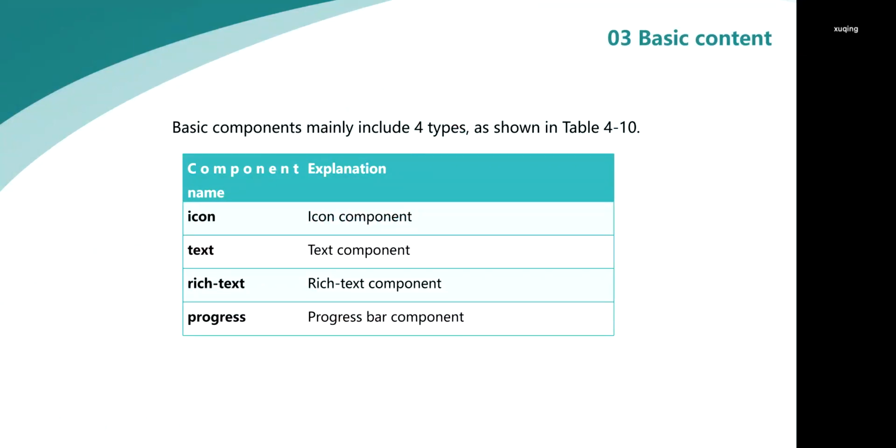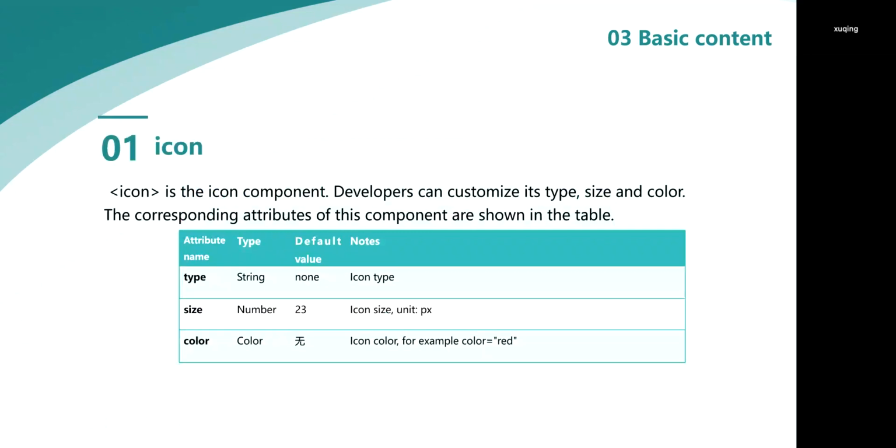Each of them represents the icon component, text component, rich text component, and progress bar component. The first one is the icon. Icon is the icon component. Developers can customize its type, size, and color. The corresponding attributes of these components are shown here: type, size, and color.